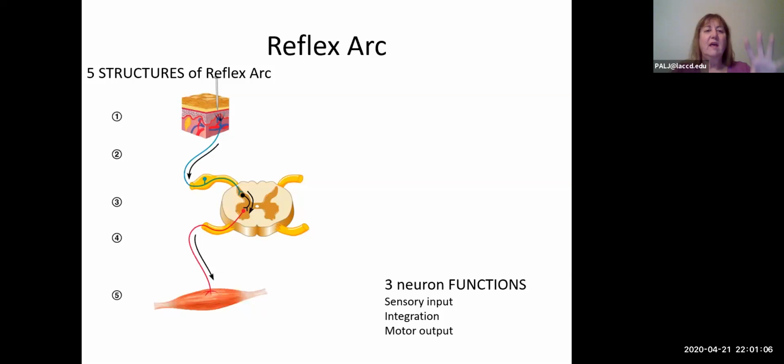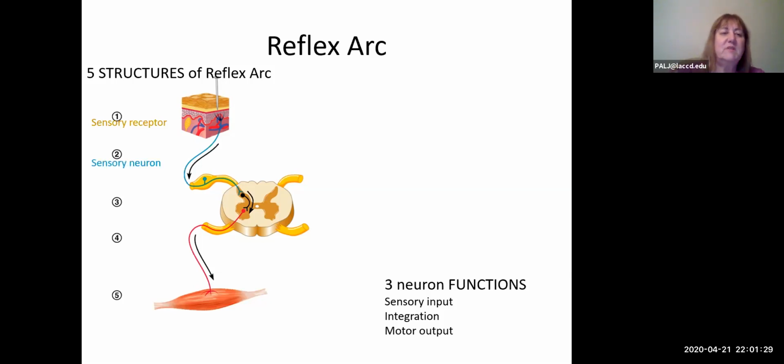So here is an example of a typical reflex arc. You poke yourself with a pin. And the first thing that has to happen is you have to have a sensory receptor. That's the first structure. And what is going to happen is it will be activated.